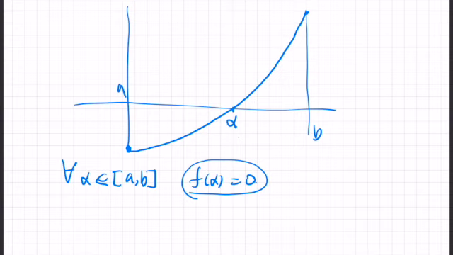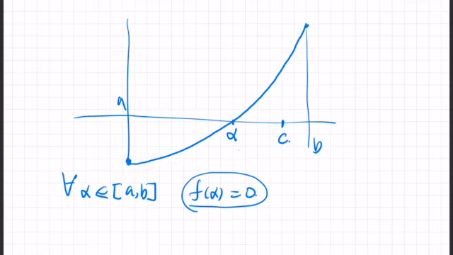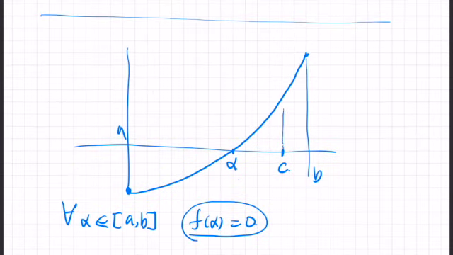Okay. Now, let us pick any number between a and b. Let's call it c. And draw a tangent line at that point, the tangent line to this curve at this point.